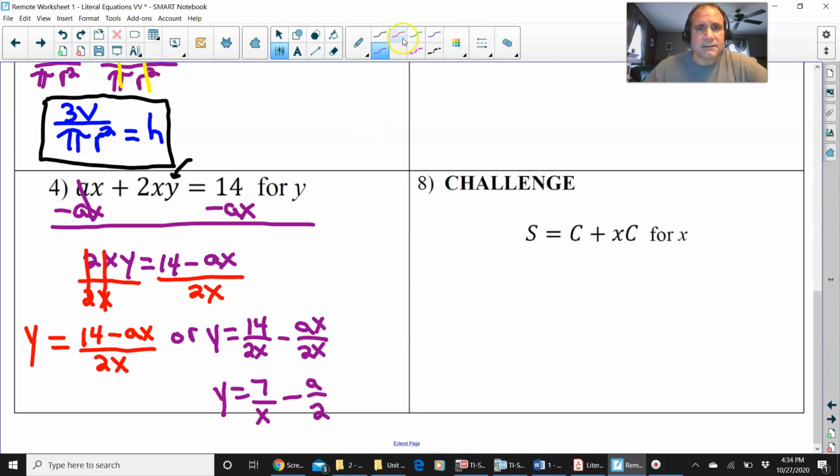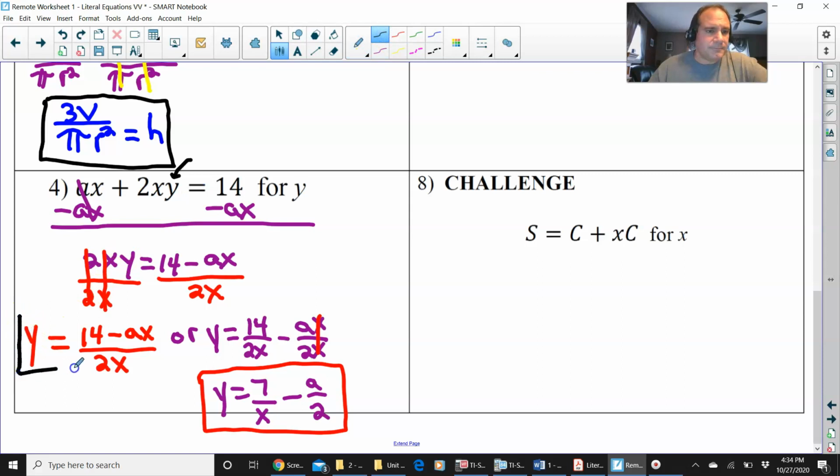They kind of cancel out there. Cancel. Ax over x. So you could have this as your reduced answer. So either or. This is not reduced in the black, but this is in the red.